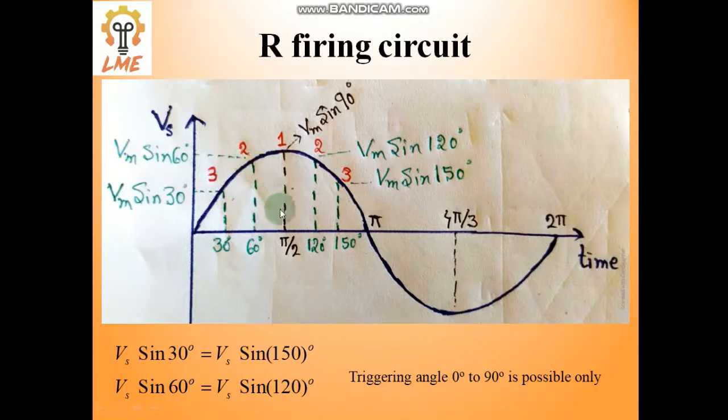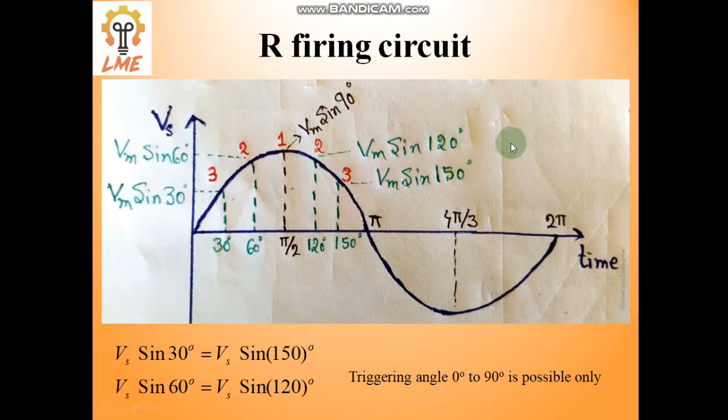If we want to trigger on Vm sin 60, we have to position R2 in such a way that it can provide 2 ampere current. If we want to trigger on Vm sin 90, it should be placed in such a position that it provides only 1 ampere. So we can trigger at 30, 60, 90.